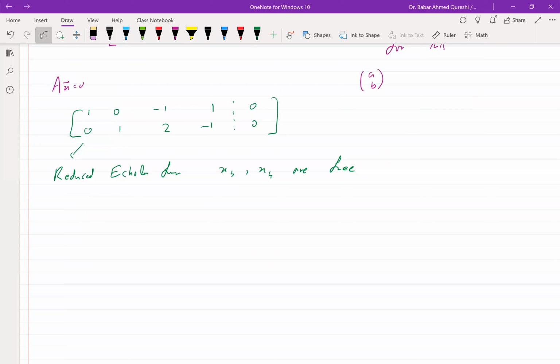That means I can write the solution like this. x3 is completely arbitrary, x4 is completely arbitrary, so I just call them alpha and beta. And from this equation, x1 is alpha minus beta, and x2 is minus 2 alpha plus beta, where alpha and beta belong to R and are arbitrary.